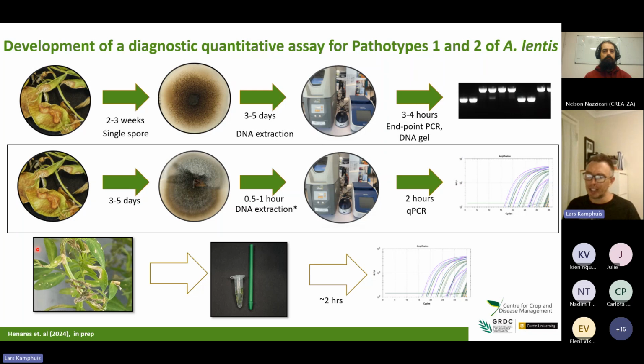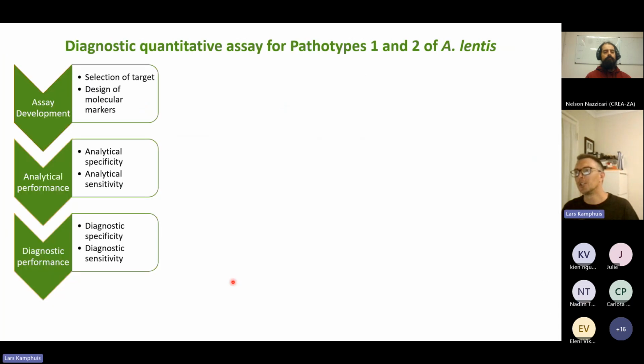Ideally, where we want to get to is a super quick method whereby we take those samples, grind them in a quick DNA extraction method that takes about half an hour, and then go straight to quantitative PCR. To do that, we had to develop an assay that was specific, sensitive, and diagnostic.